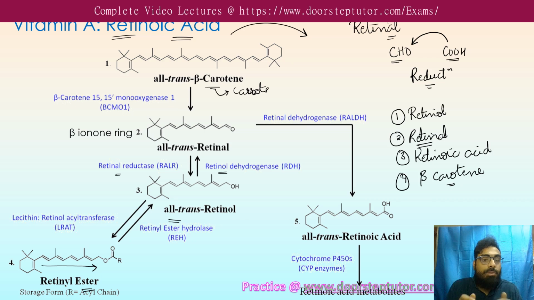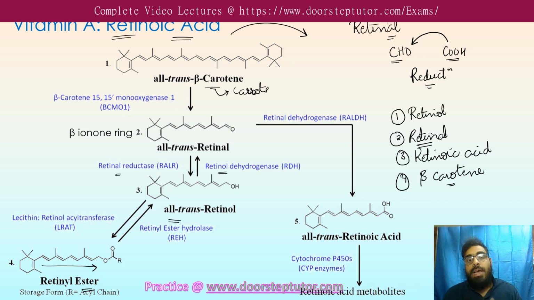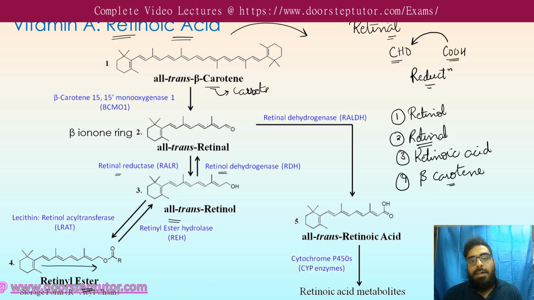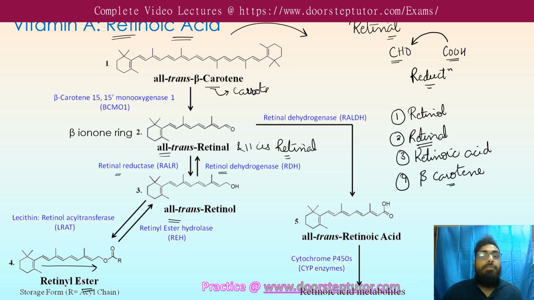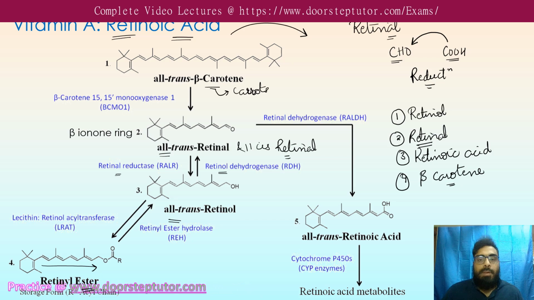That means if you reduce retinal, again you will get alcohol, and if you oxidize retinol, you get retinal, which has an aldehydic group. Now all-trans retinal and 11-cis retinal have important functions in vision, in the eye. We'll see that in a moment, but now let's talk about retinoic acid.